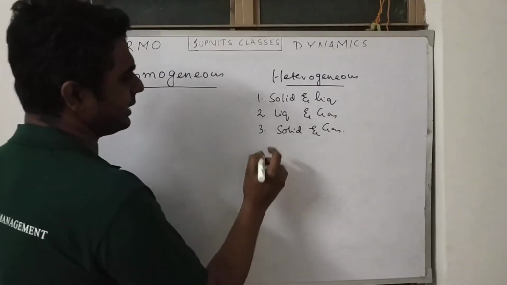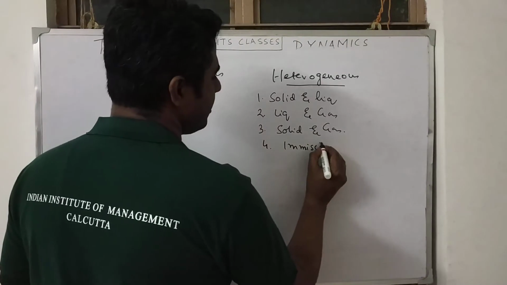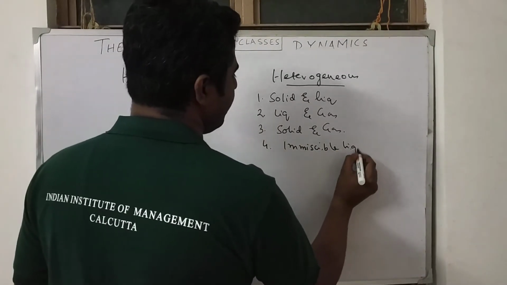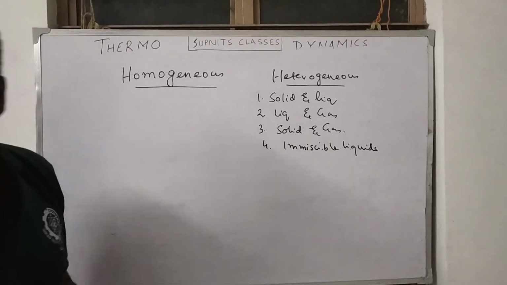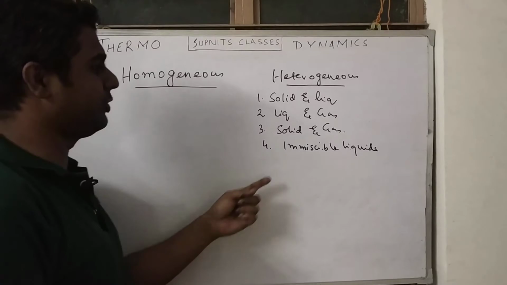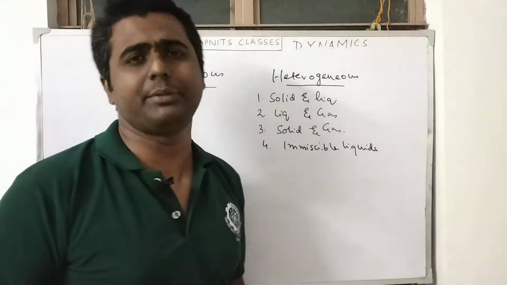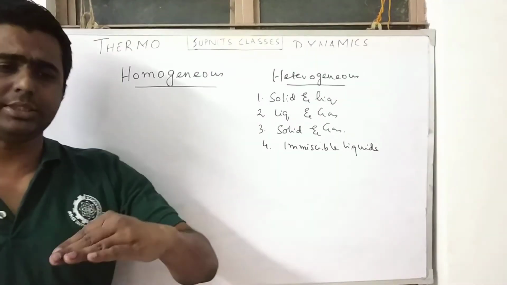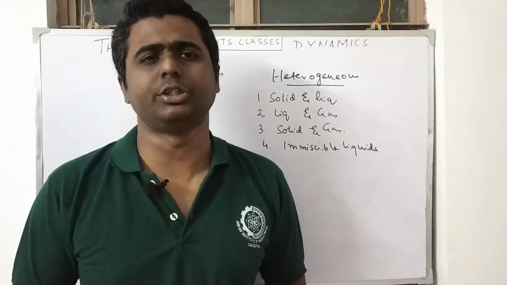These are heterogeneous systems, or it may be immiscible liquids, ठीक है. This can also be a heterogeneous system. Liquid with gas, like liquid vapor equilibrium, is a heterogeneous system. There is liquid, there is vapor on top of it. That is also a heterogeneous system.